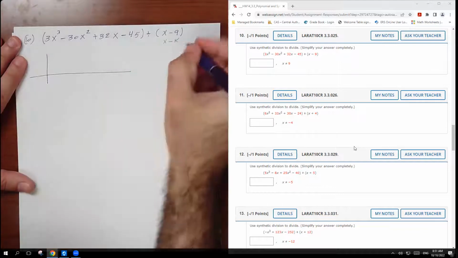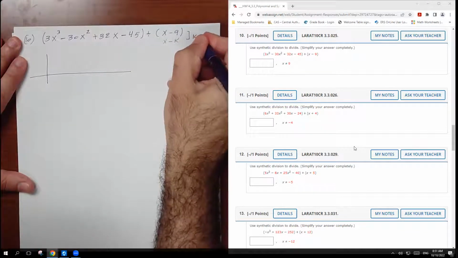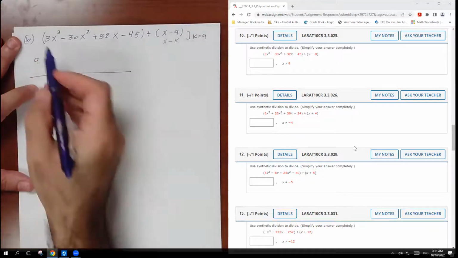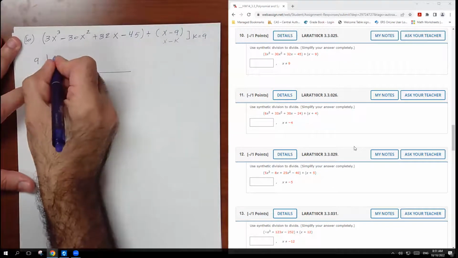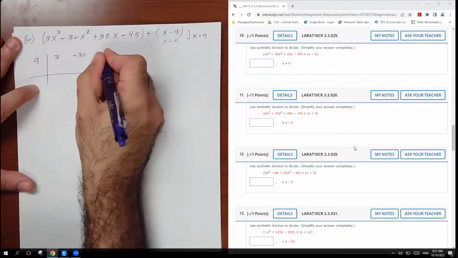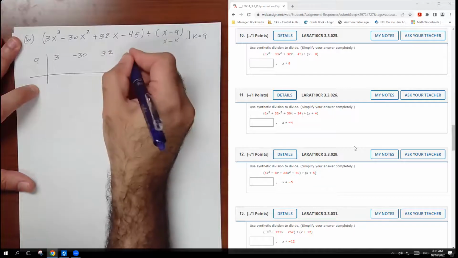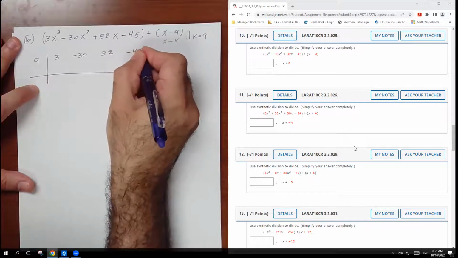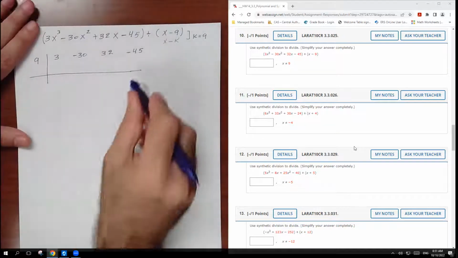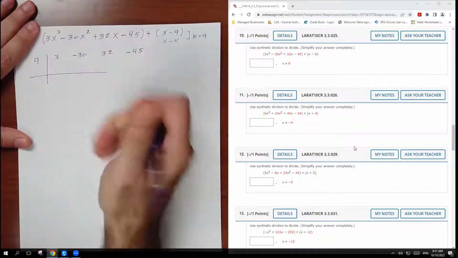So k is going to be equal to 9. So I'm going to write down 9 here. Then I'm going to write down the coefficients, 3, negative 30, 32, and here is negative 45. I don't have any missing term, so that's what I'm going to do here.